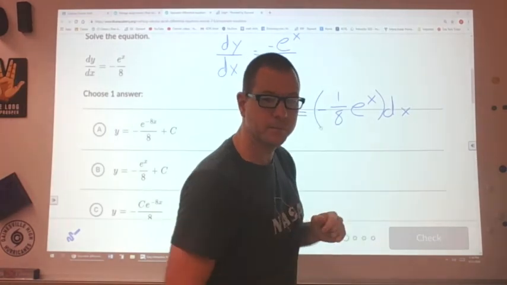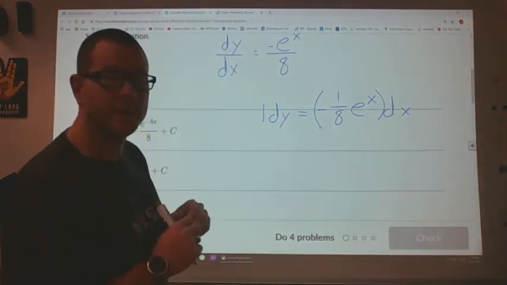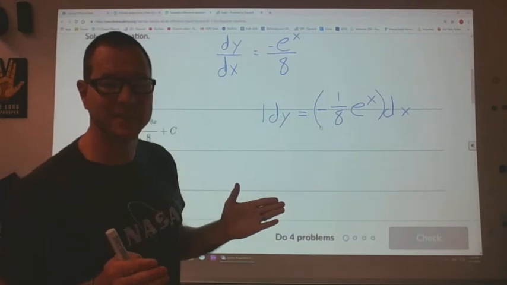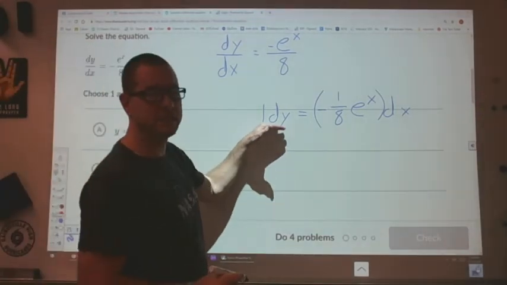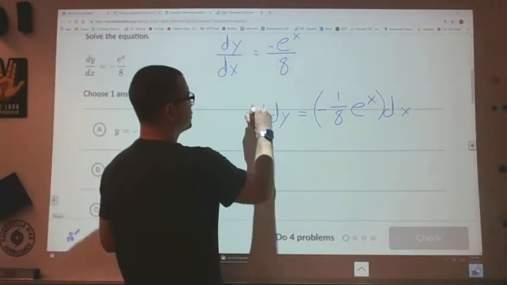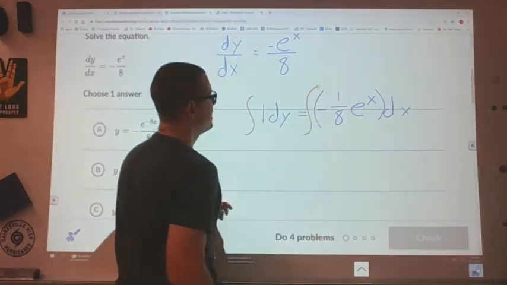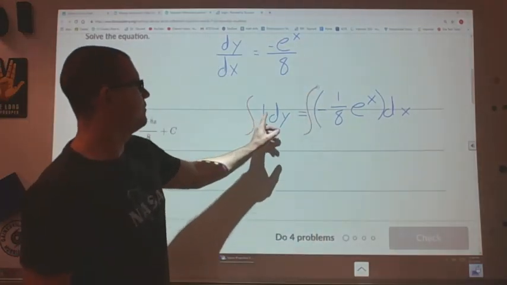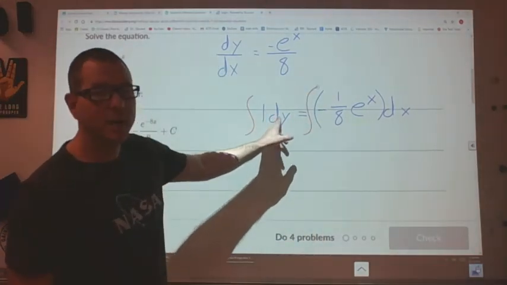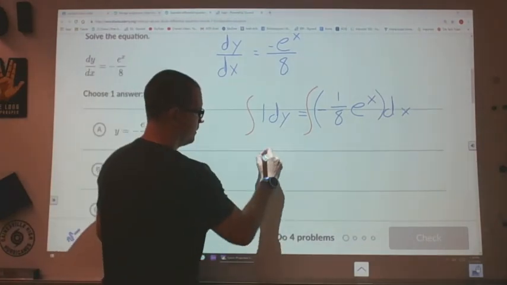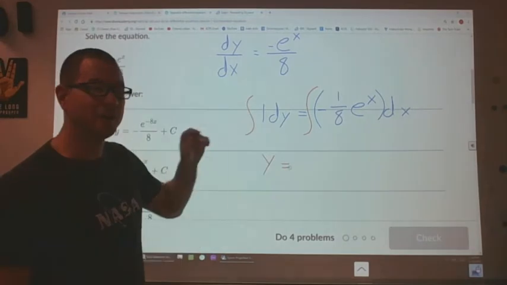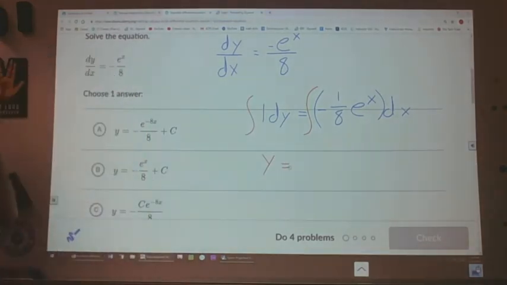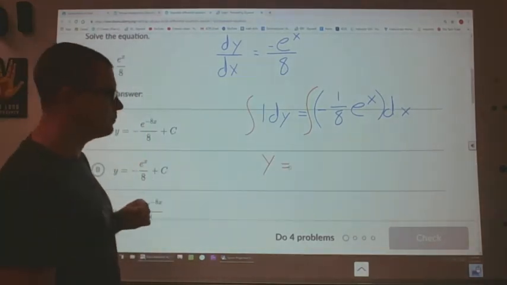Then, since we've separated the variables, since we've isolated the variables on one side of the equation, now, to resolve the differential equation, I integrate on both sides. Here, the integral of 1 dy is y, because we are integrating with respect to y on the left-hand side of this equation.